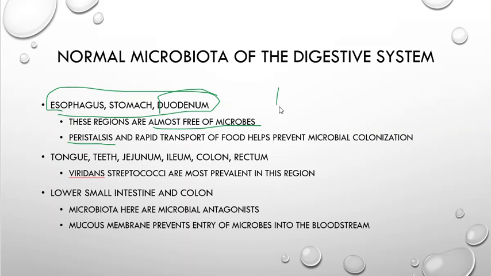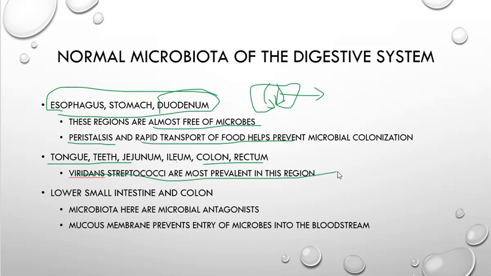Peristalsis is where the tube-like GI tract squeezes and propels things. Rapid transport of the food, it doesn't stay there long, helps to keep the microbes from getting a foothold. The tongue, the teeth, jejunum, ileum, colon, and rectum.